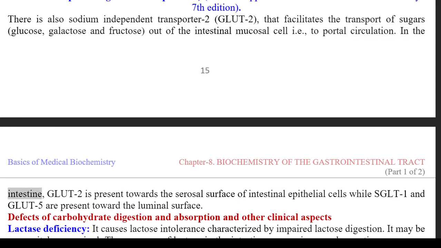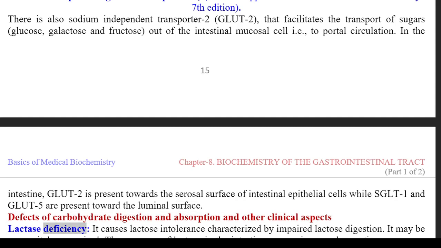In the intestine, GLUT2 is present toward the serosal surface of intestinal epithelial cells while SGLT1 and GLUT5 are present toward the luminal surface.